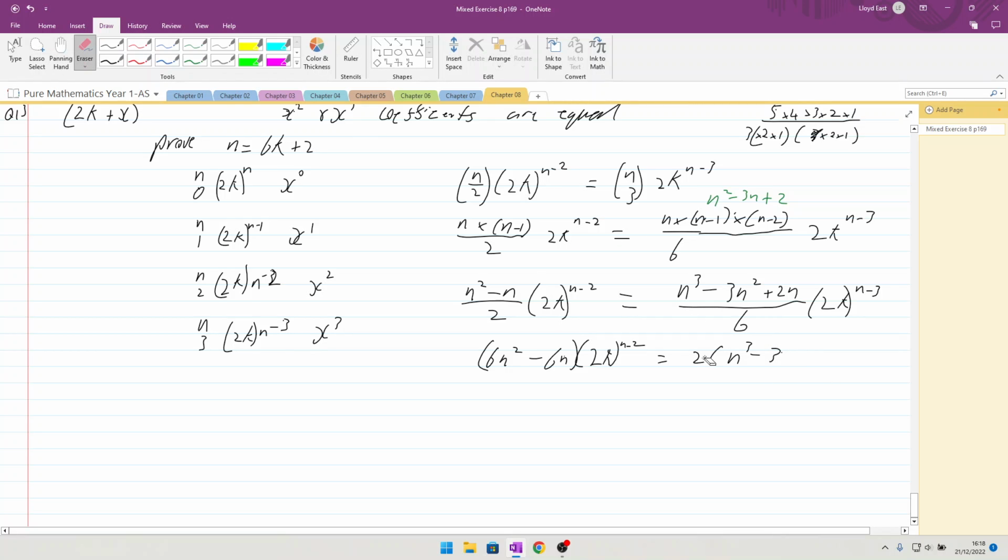Might as well. 2n cubed, 6n squared plus 4n, and all of that is multiplying by the 2k to the n minus 3. All right.